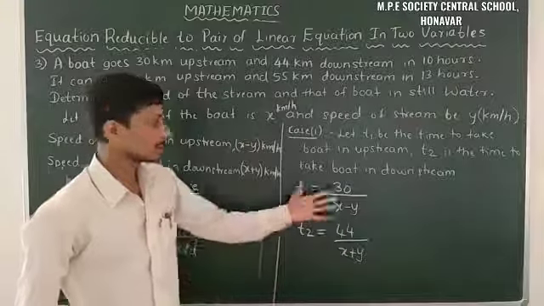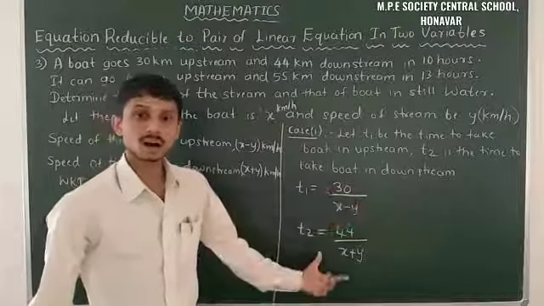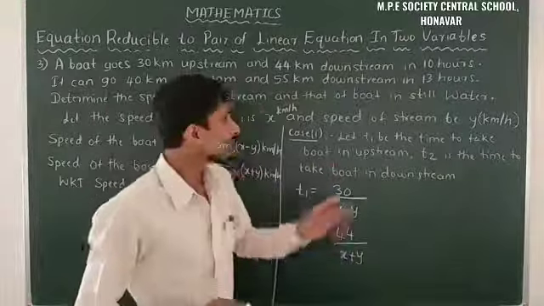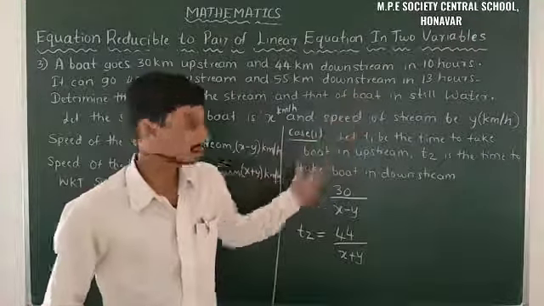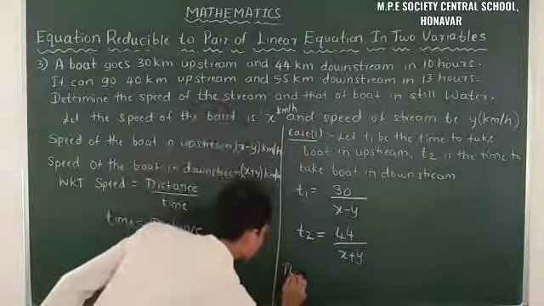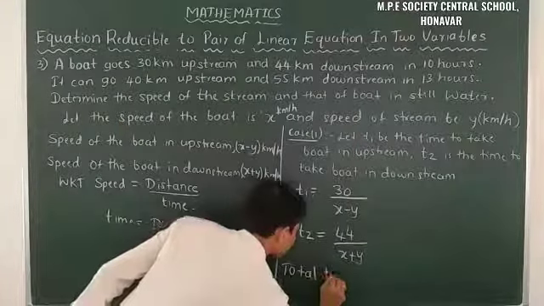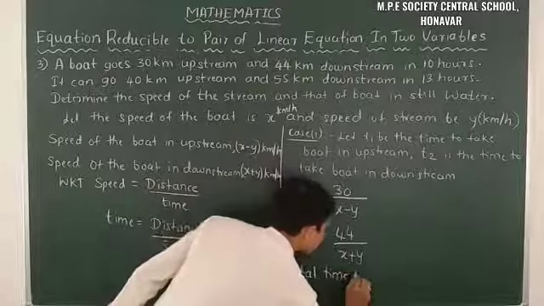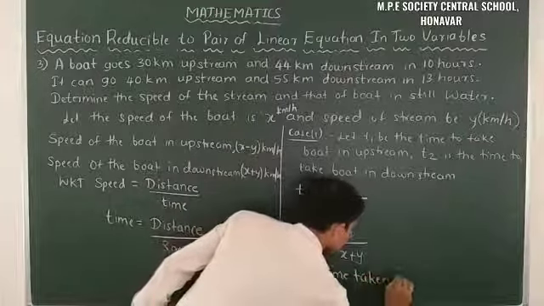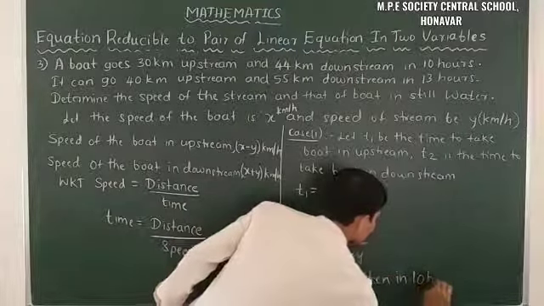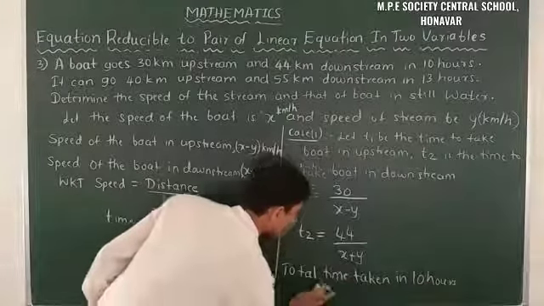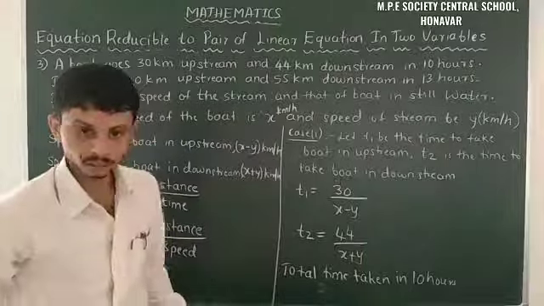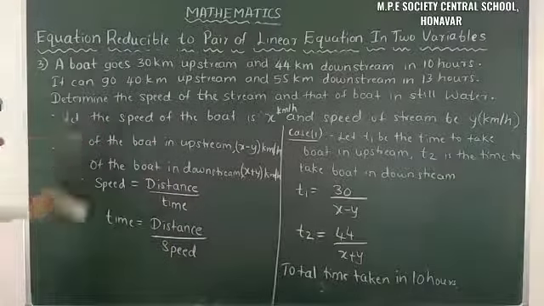So that means it's purely in hours. Then what is the total time taken here? Total time taken is 10 hours. So that means T1 plus T2 is equal to 10 hours.